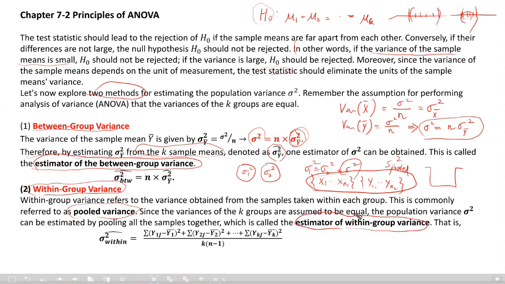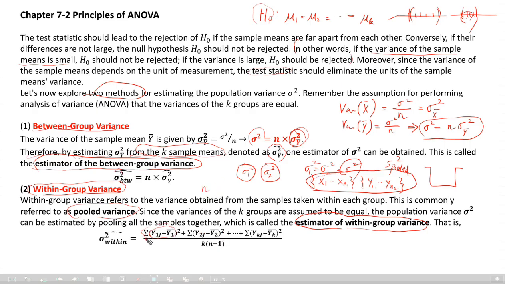Okay, so y1j minus y1 bar square from the samples of the first population, and from the second population samples y2j minus y2 bar squared, and so on, divided by, we assume the sample size is n.